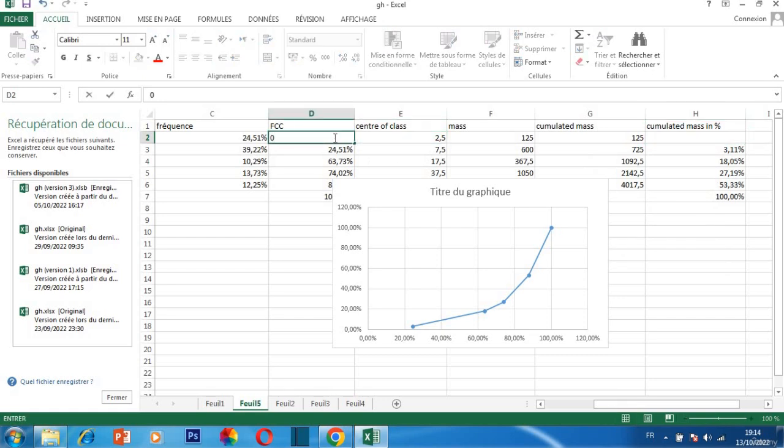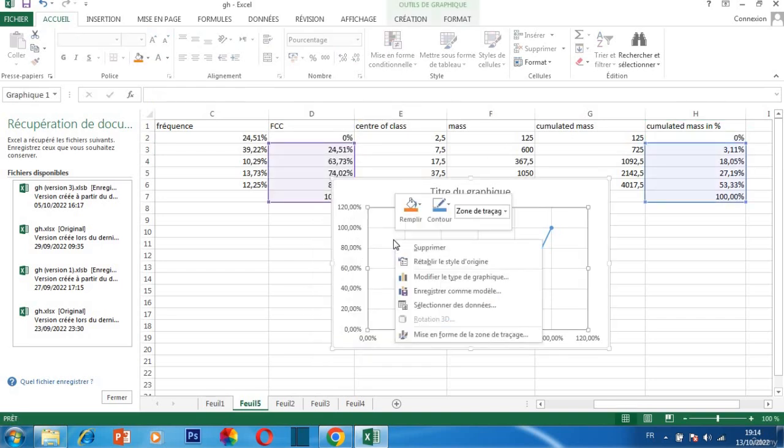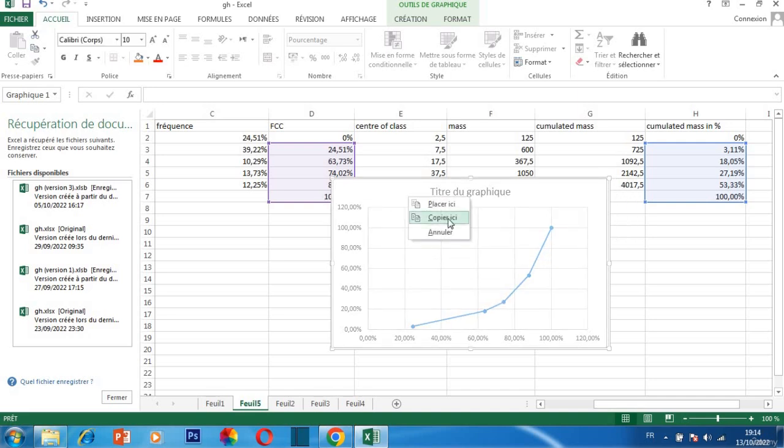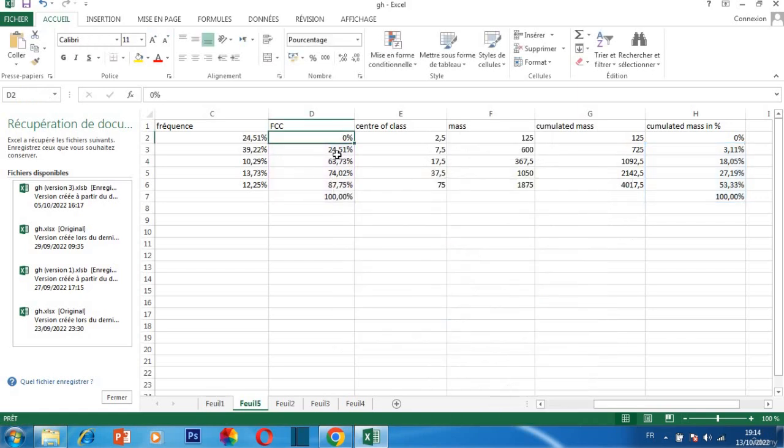We select 0% child. We add 0% child here and 0% child here. We delete that. Control, then cumulative mass.